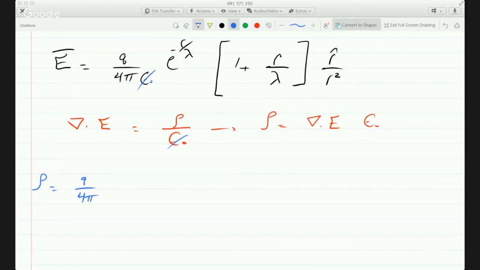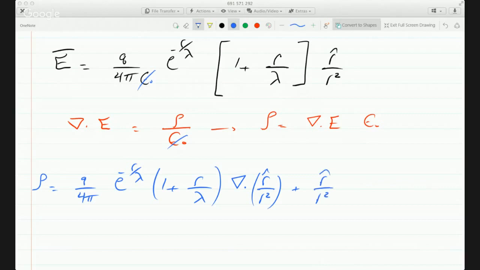This is going to be the same first, so e to the minus r over lambda times 1 plus r over lambda, times the divergence of r hat over r squared, which we've done in chapter 1, plus r hat over r squared dotted with the gradient of this, e to the minus r over lambda times 1 plus r over lambda.